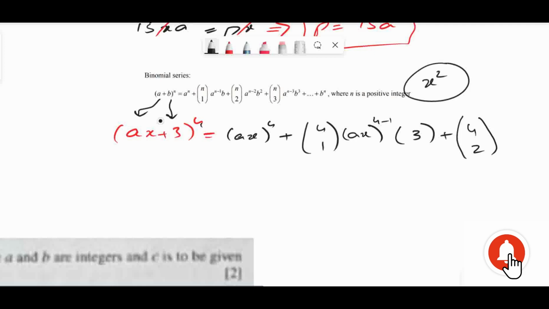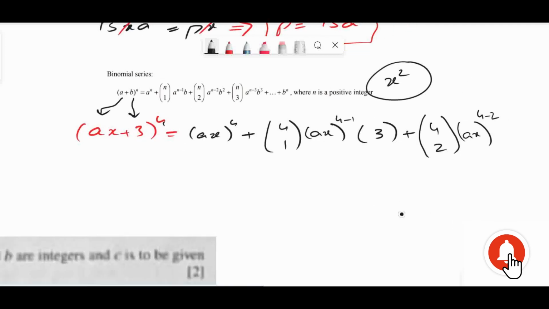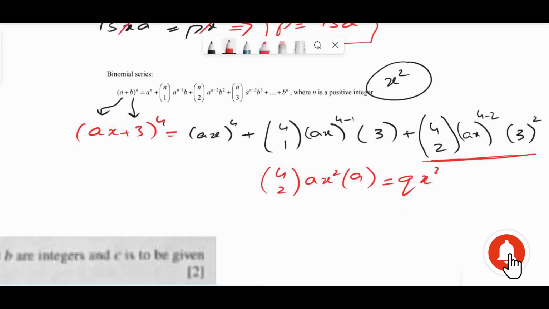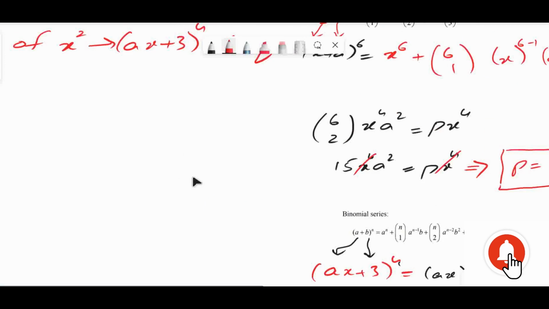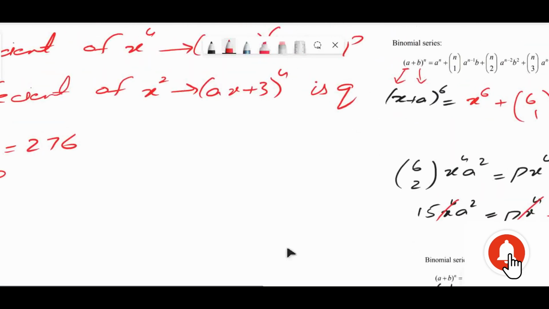So 4C2 (ax) power 4 minus 2 into b^2, where b^2 means 3^2. No need to expand the other portion, we are just interested in this one. So we write 4C2 (ax)^2 into 9, and this equals qx^2, because in the very start they said that the coefficient of x^2 is q.